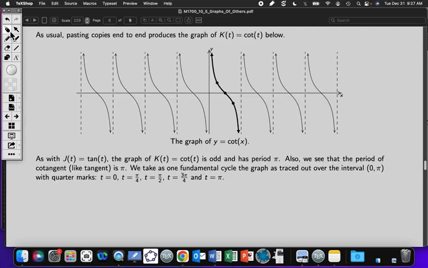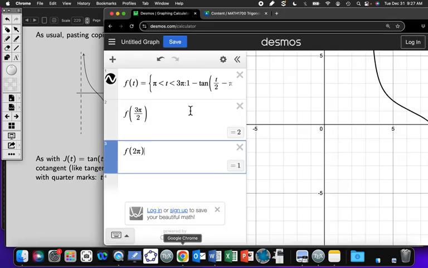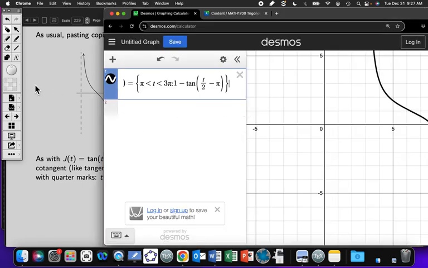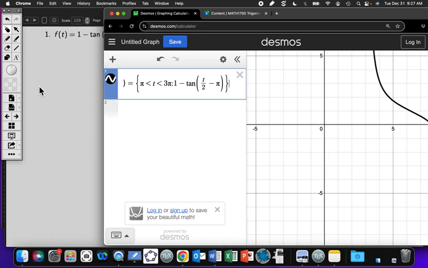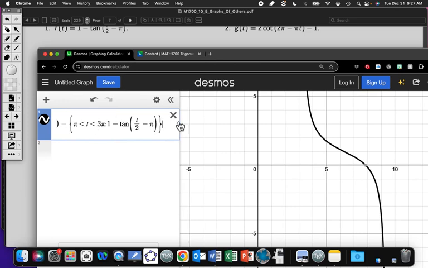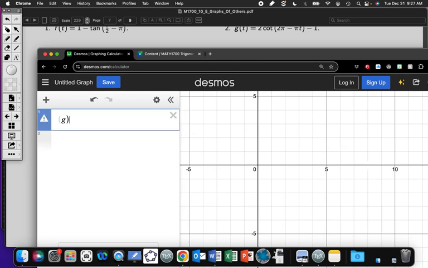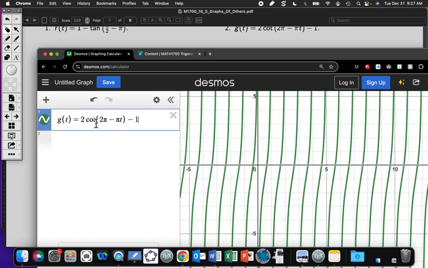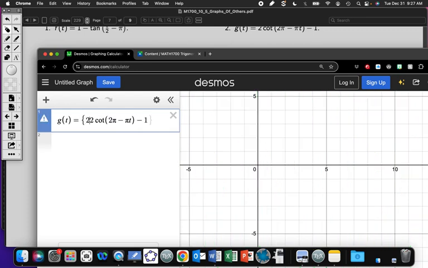Let's fire up Desmos to check this one out. We've got our G of t. Two cotangent, 2 pi minus pi t, minus 1, and we just looked from 2 to 3.